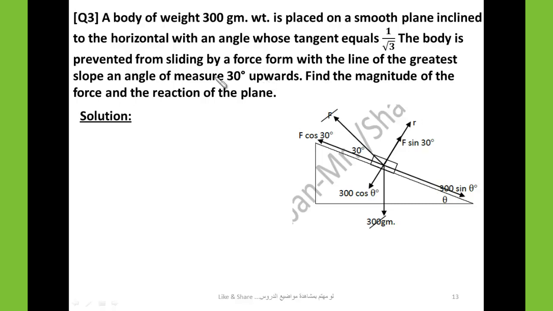The body is prevented from sliding by a force that forms with the line of greatest slope an angle of measure 30. Here is the force which prevents the body from sliding down, and this force is inclined to the plane with an angle of measure 30 according to the given.